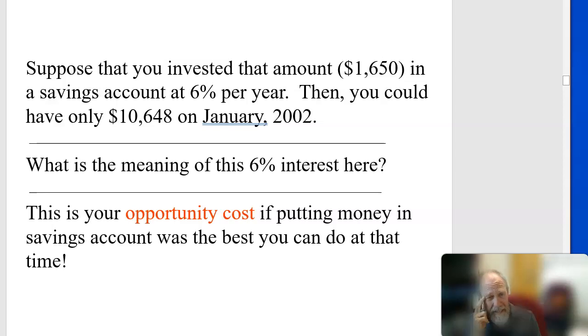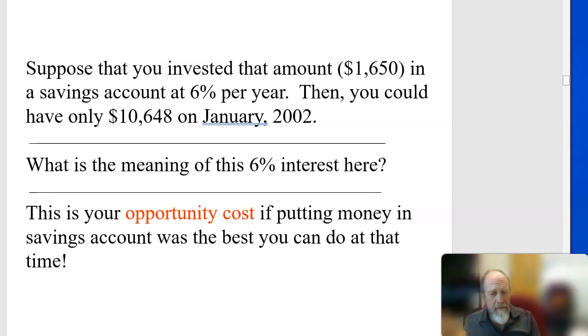We're going to say I'm not going to agree with that 6% number, but it is a number around that. And at 6%, you're only going to have 10,648. Well, your investment still went up quite a bit, 1,650 to 10,648. Obviously 32%, 30% plus is better than 6%.